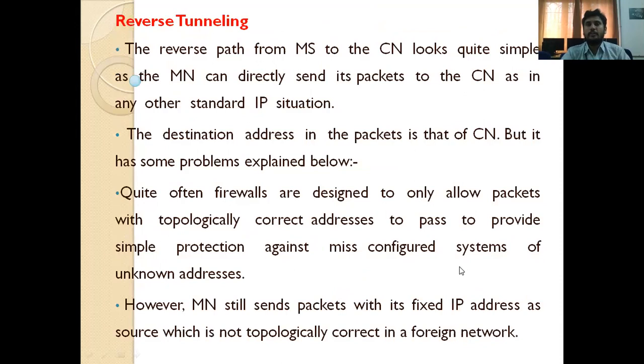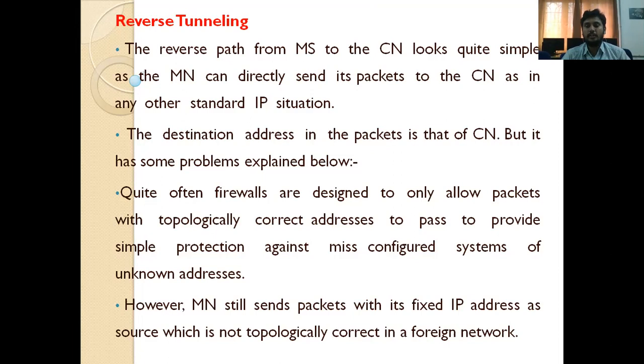And now reverse tunneling. The reverse tunneling path is from the mobile station to the correspondent node. In general tunneling, the data packet is transmitted from sender to receiver, that means from the correspondent node to the mobile node.